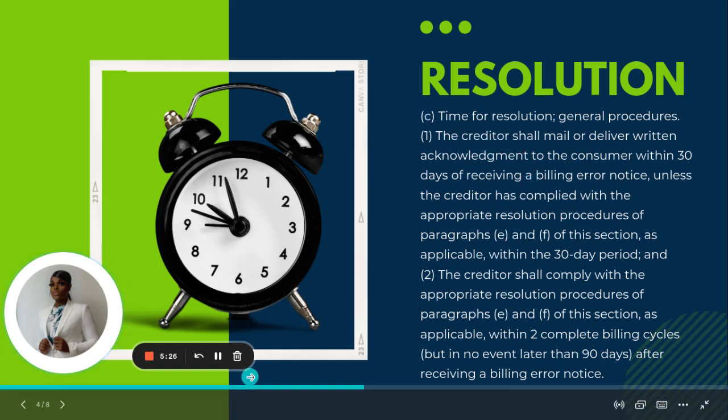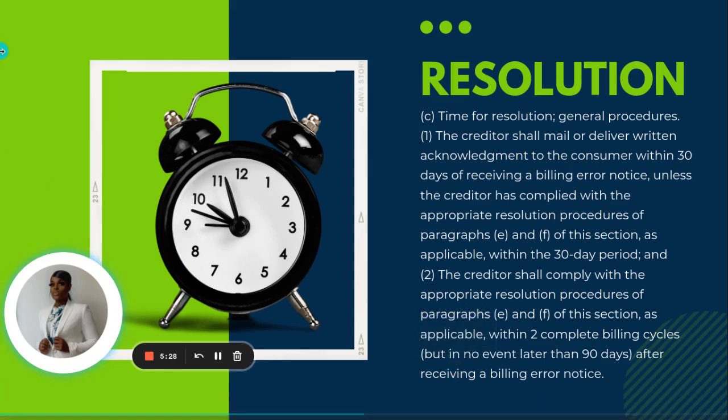So the general procedures are that the creditor, being whomever you are calling into question the billing error dispute, shall mail or deliver you written acknowledgement, you, the consumer, within 30 days of receiving that billing error notice, unless the creditor has complied with the appropriate resolution procedures of paragraphs E and F of this section. And again, that section is the 1026.13 billing error resolution law. That's the section they're referring to.